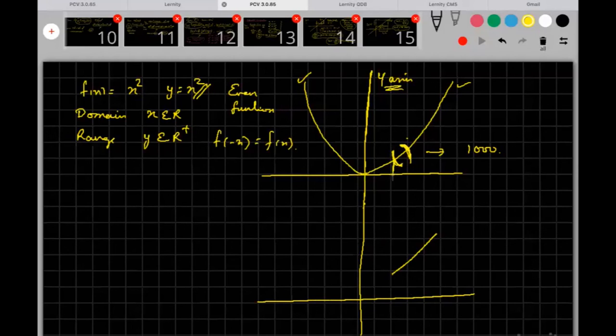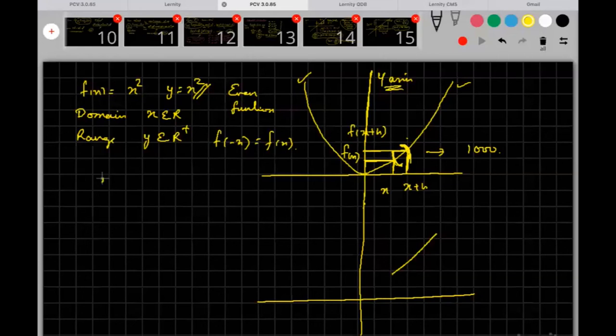So this is x, this is x plus h, a very small number, and I magnified it 1,000 times. Now, what is this value here? This value is f of x. What is this value here? f of x plus h.